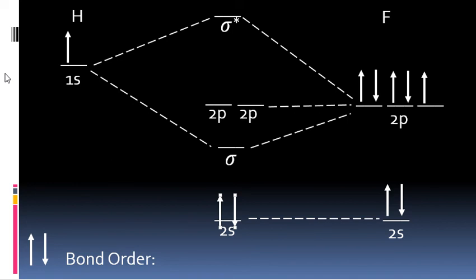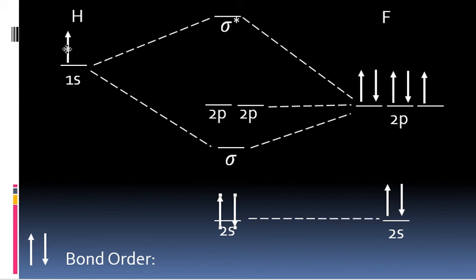Therefore, 2 atomic orbitals, we're going to get 2 molecular orbitals, which are the sigma and sigma star molecular orbitals. What's going to happen is that those other 2p orbitals for fluorine, they're just going to form non-bonding orbitals, or effectively those lone pairs on the fluorine atom. They don't have anything to do with the bonding.